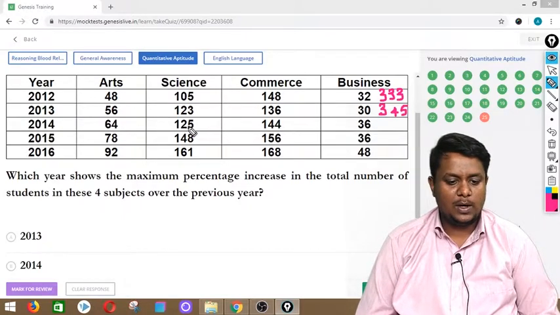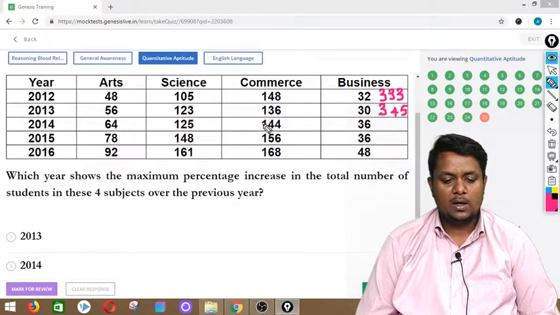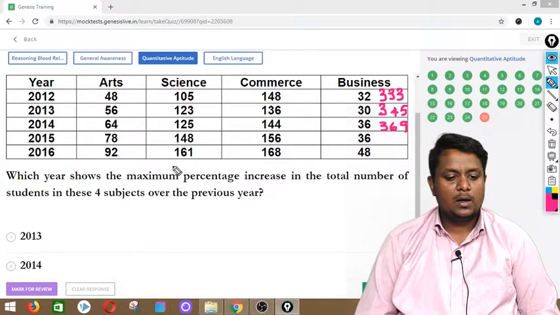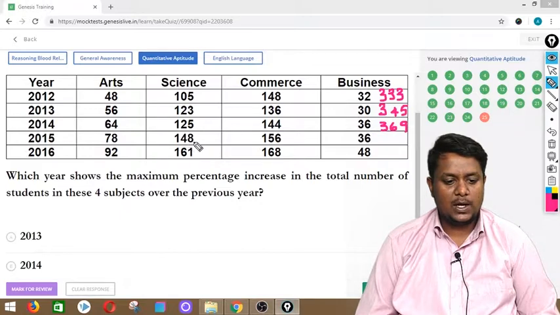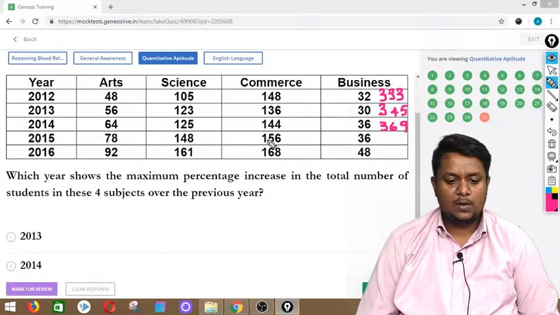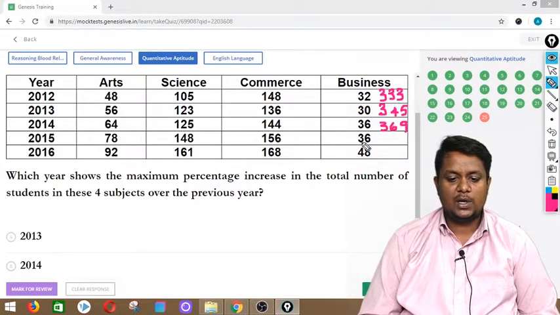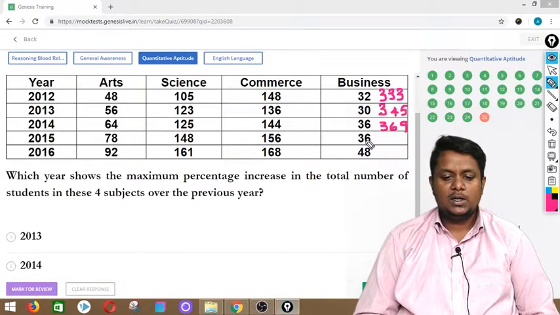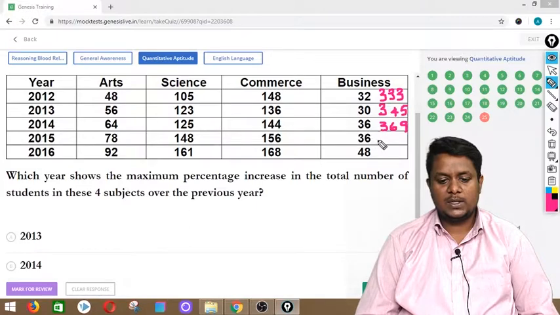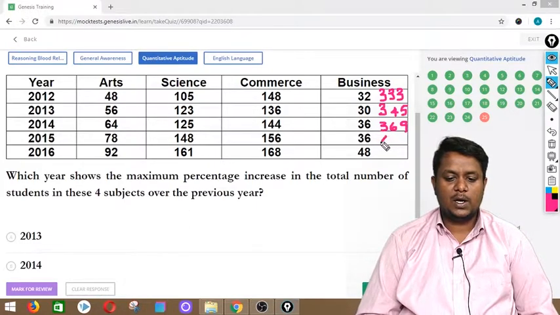64 plus 125 is 189, 189, 289, 329, 333, 333 plus 36 is 369, and 78 plus 148 is 226, 226, 326, 376, 382, 382 plus 6 is 394, 394 plus 30 is 424 students here.